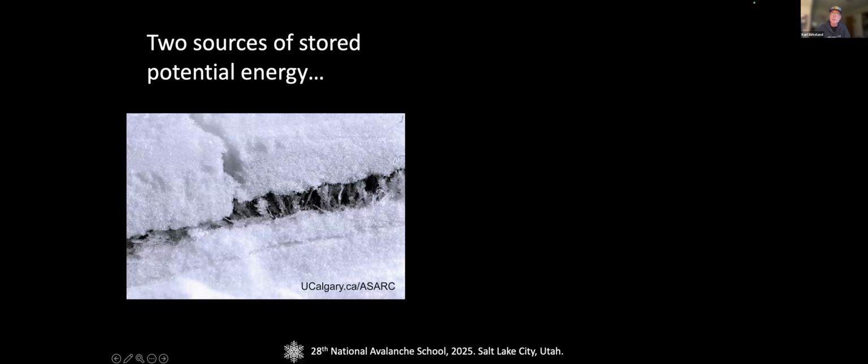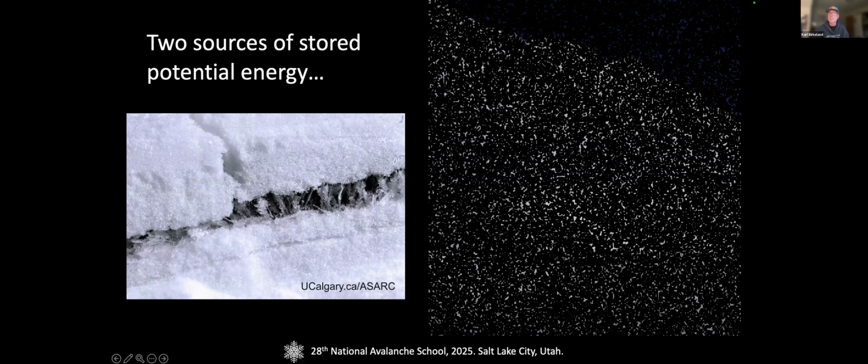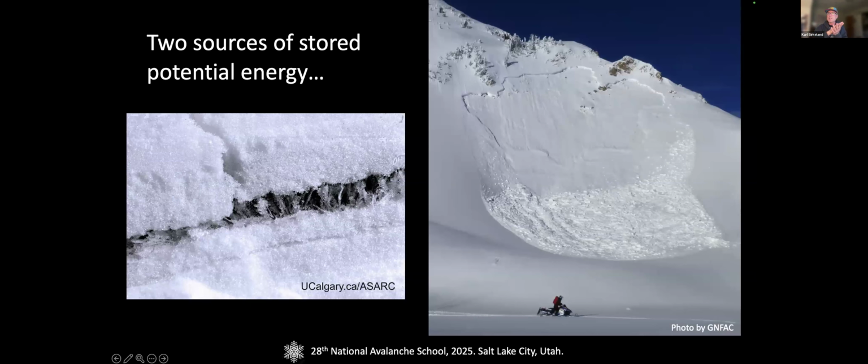The second source of potential energy is just the position of the slab on the hillside before it slides down. So the slab has two sources of potential energy: the fact that it's up above the bed surface because of the weak layer, and also because it's on a hillside and can slide down.